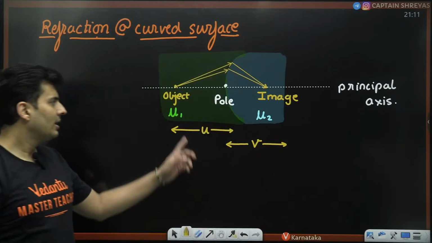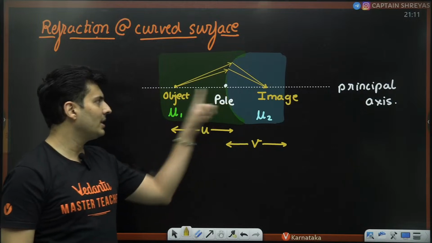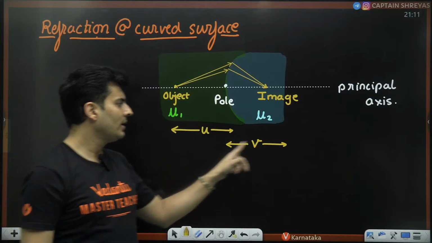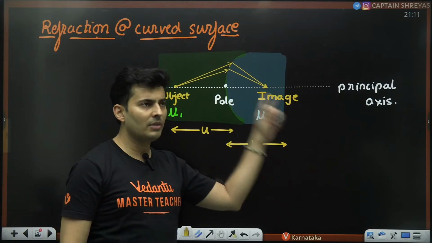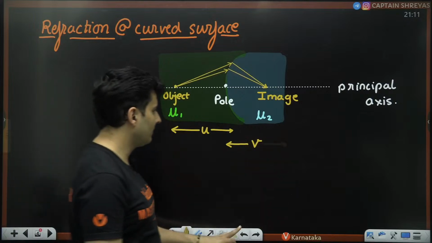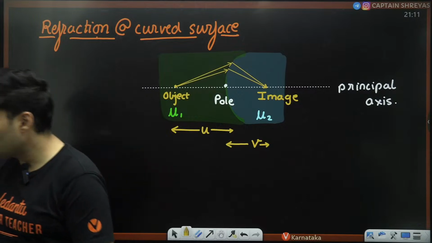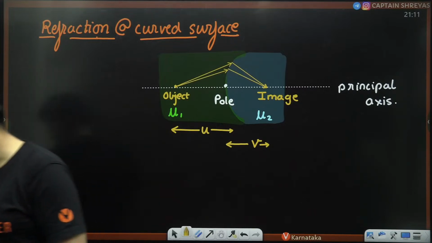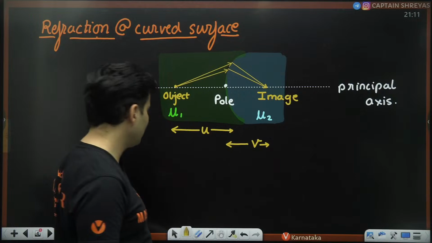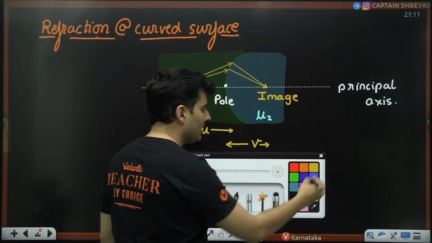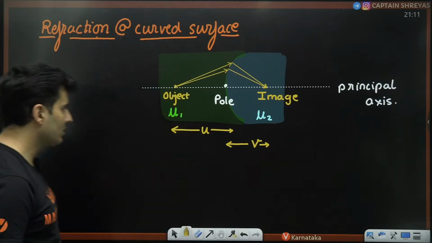Standard notation like in mirrors, u is for object distance, always measured from the pole. v is for the image distance, again measured from the pole itself. Is that clear? All distances are measured from the poles, and you have to use sign convention. Without sign convention things won't work. So the formula goes as follows.